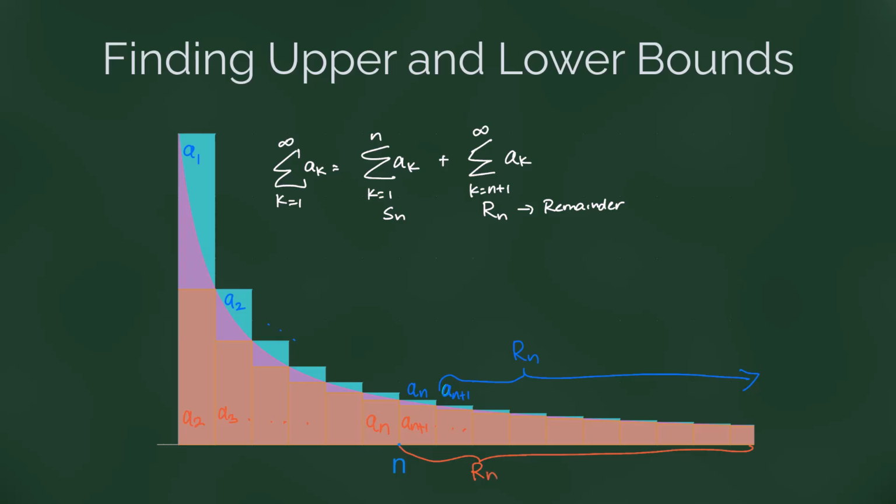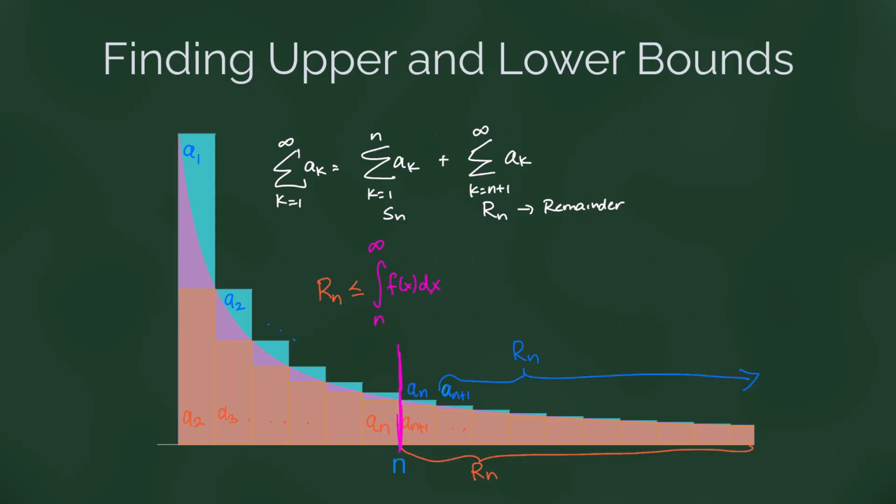What does that tell us? Well, now we want to think about this in terms of the integral. Using the orange description of r sub n, we see that r sub n is smaller than the integral starting at this value, which is the integral from n to infinity of f of x dx.